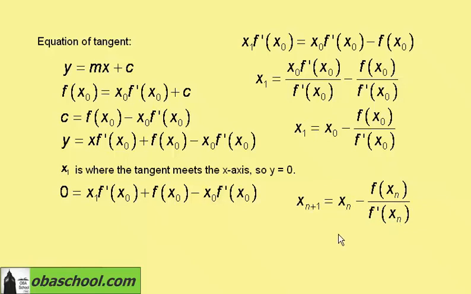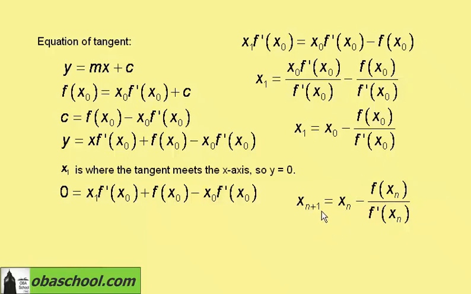It's important not to get confused about what this means. Xn plus 1 is the next approximation for the root. Xn is the current approximation for the root. So we get to the next approximation by substituting the current approximation into this formula.